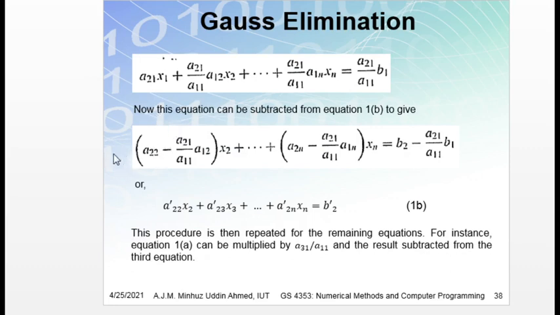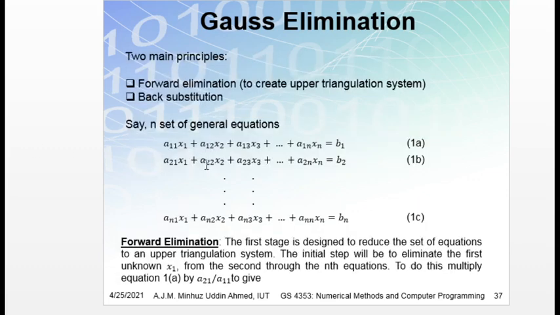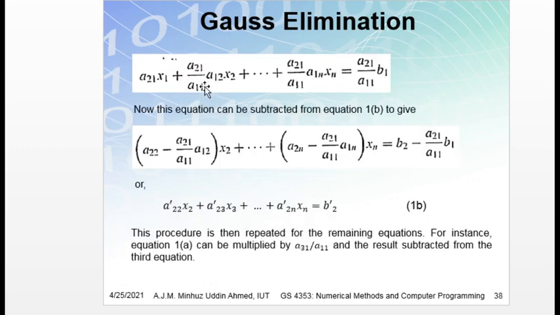The first term will be vanished. The second term, a22, will be subtracting this term, a21 by a11 multiplied by a12 into x2. The coefficient of x2 will be like this, and all these things will be changed in a similar manner, as you can see.